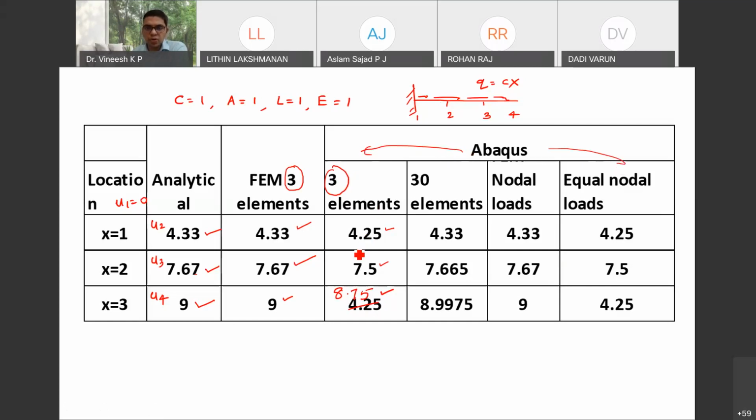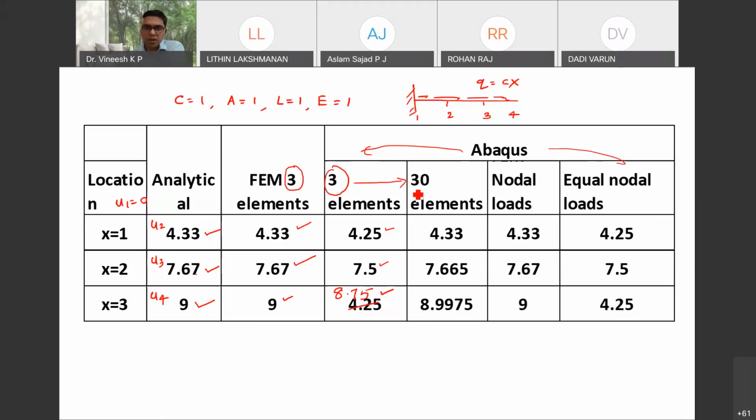There is a variation between our result and the Abaqus result. Then in Abaqus we decreased the element size, so we increased the number of elements from 3 to 30, 10 times.